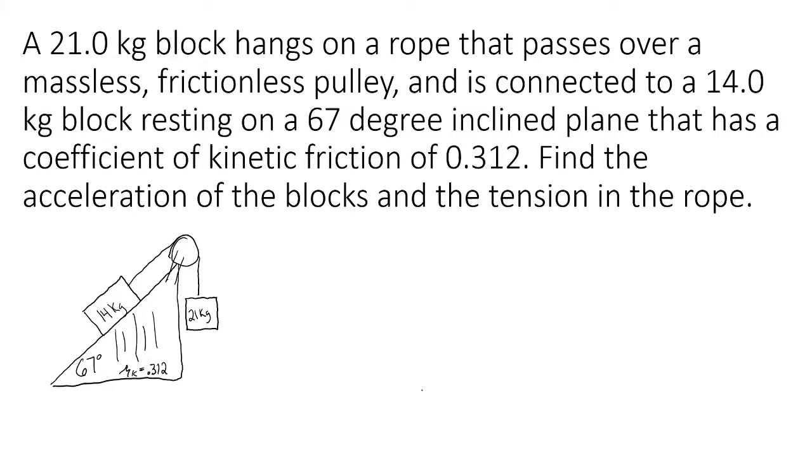is I want to know which, it's going to be imperative that we know which direction the block is moving. So let's compare the force of what's heading down the plane and the force of the block that's hanging in free space. The force of the block hanging in free space is found by mass times gravity.